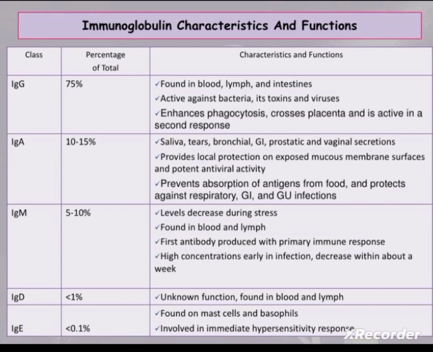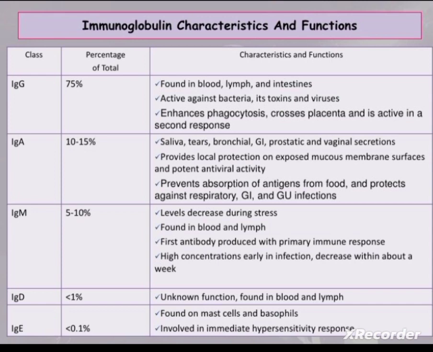The heavy chains present in immunoglobulins are: IgG, gamma chain; IgA, alpha chain; IgM, mu chain; IgD, delta chain; IgE, epsilon chain. So G gamma, A alpha, M mu, D delta, E epsilon. In this way we can remember the heavy chains of immunoglobulin.